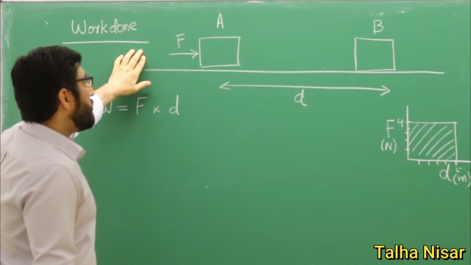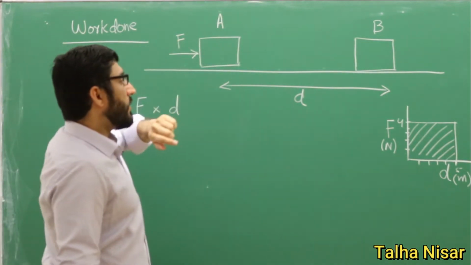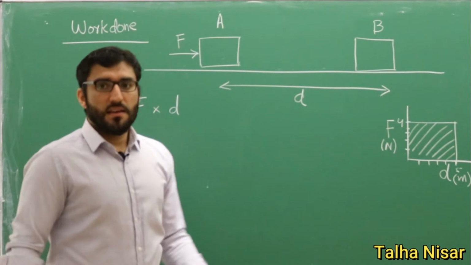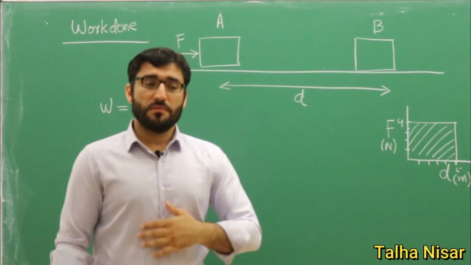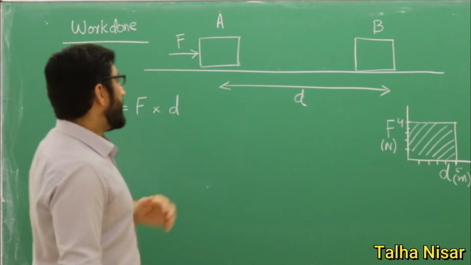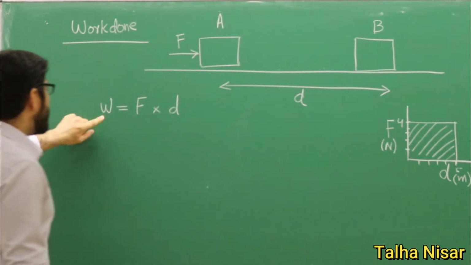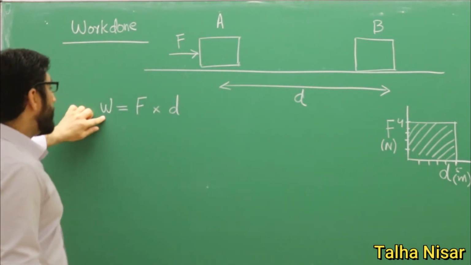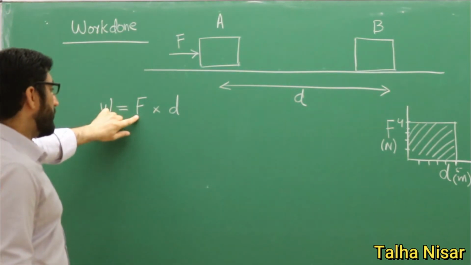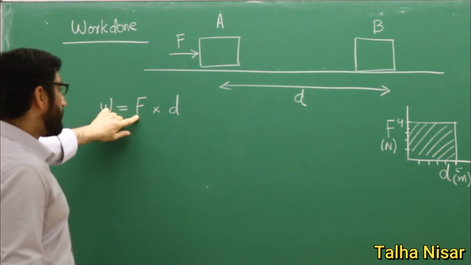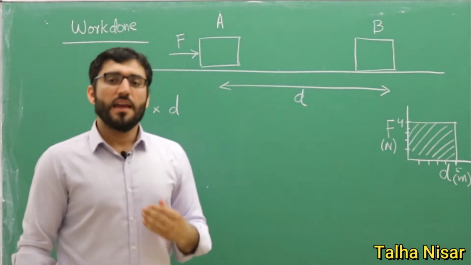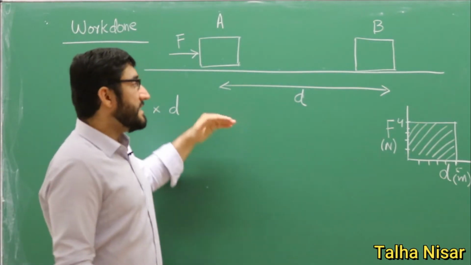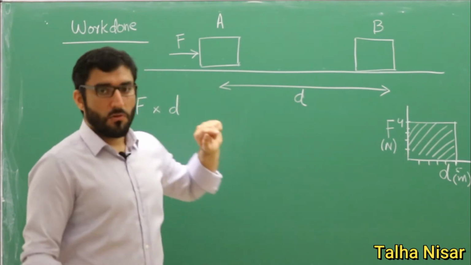When the force is applied in this direction and the displacement is perpendicular to the force, the work done is 0. Why? Because in the scalar product we use cos theta, and the cos of 90 degrees is 0.